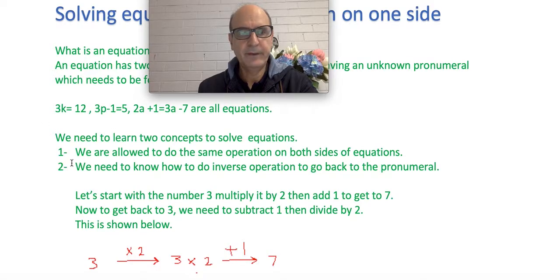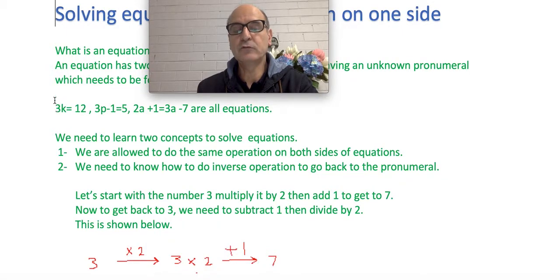All right. The second one, we need to know how to do the inverse operation to go back to the pronumeral. So here you have 3k. What has happened to k? It has been times by 3. So you got 3k. So how do I go back to k?